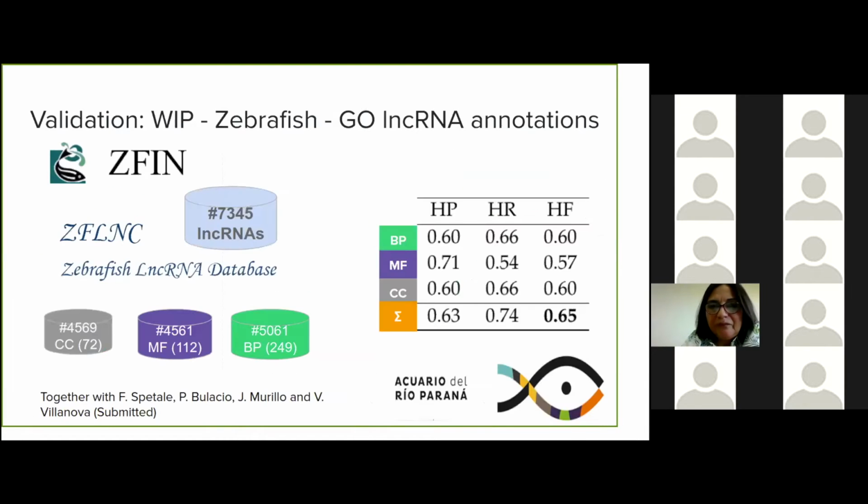So with this idea, we validated using a small Gene Ontology model with 500 nodes. And we used data of long non-coding RNA from the zebrafish database. We obtained more than 7,000 sequences already annotated. Only a fraction of them was annotated by experimental methods. The others were annotated by interaction networks.